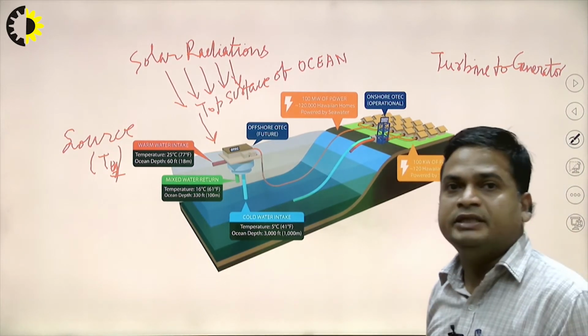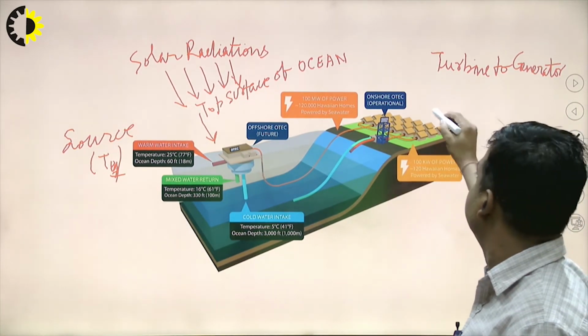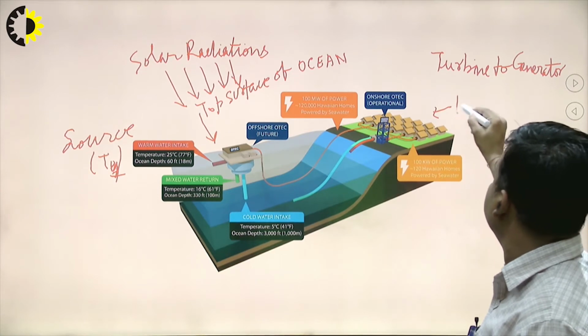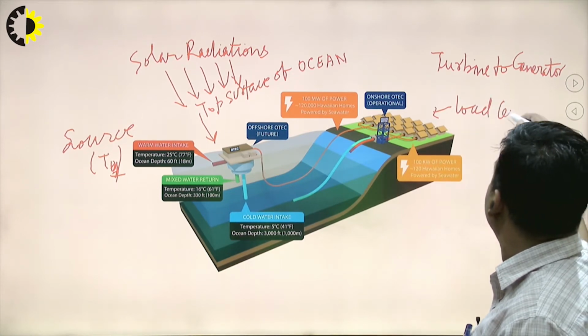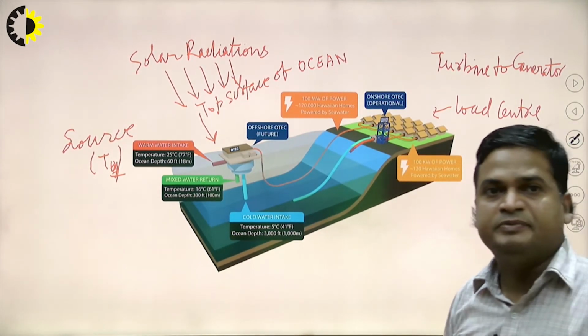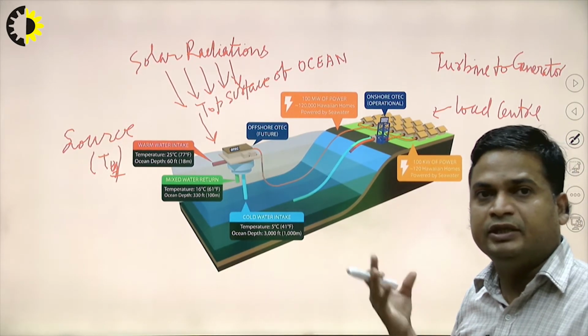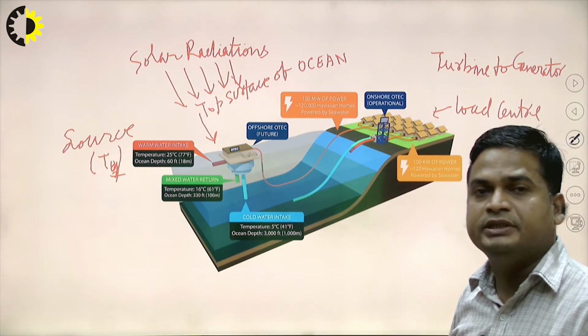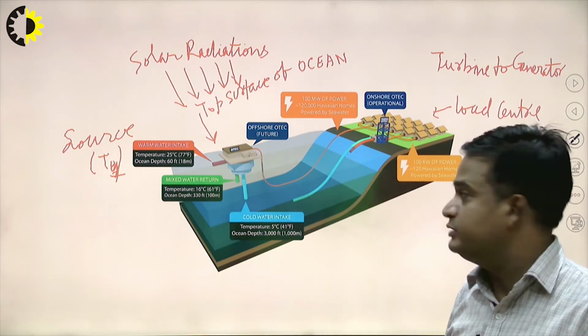Therefore electricity is produced at this end. This is the load center, meaning for commercial purposes, for giving electricity to homes, houses, or industrial purposes also.